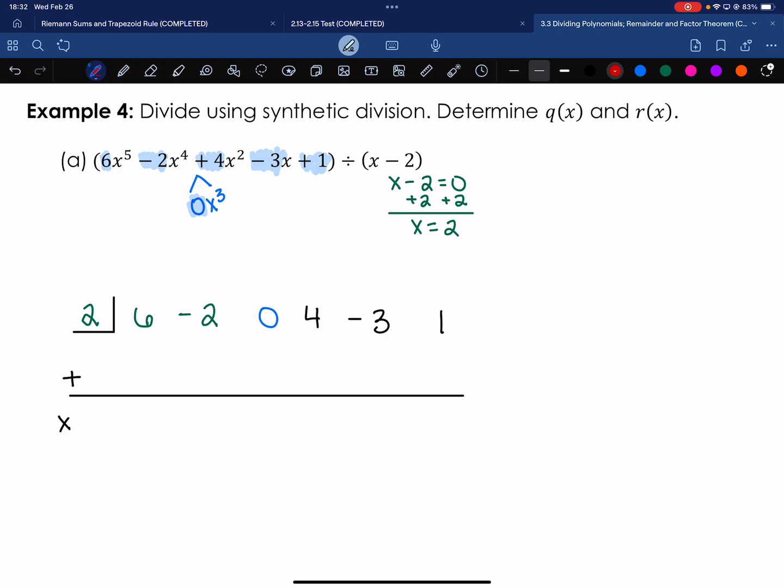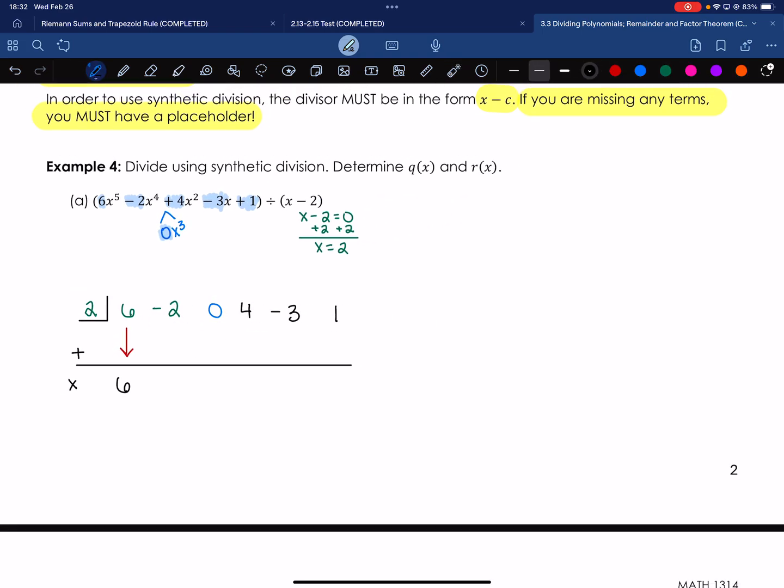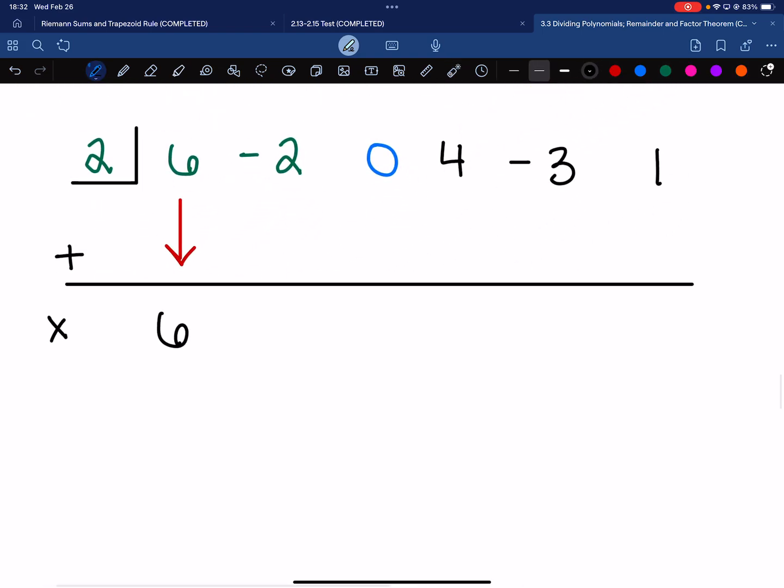So here we go. The first term, always, no matter what, gets dropped down. Always. And now we're going to multiply 2 times 6. That gives us 12, and it goes diagonally above the line. So down and across.